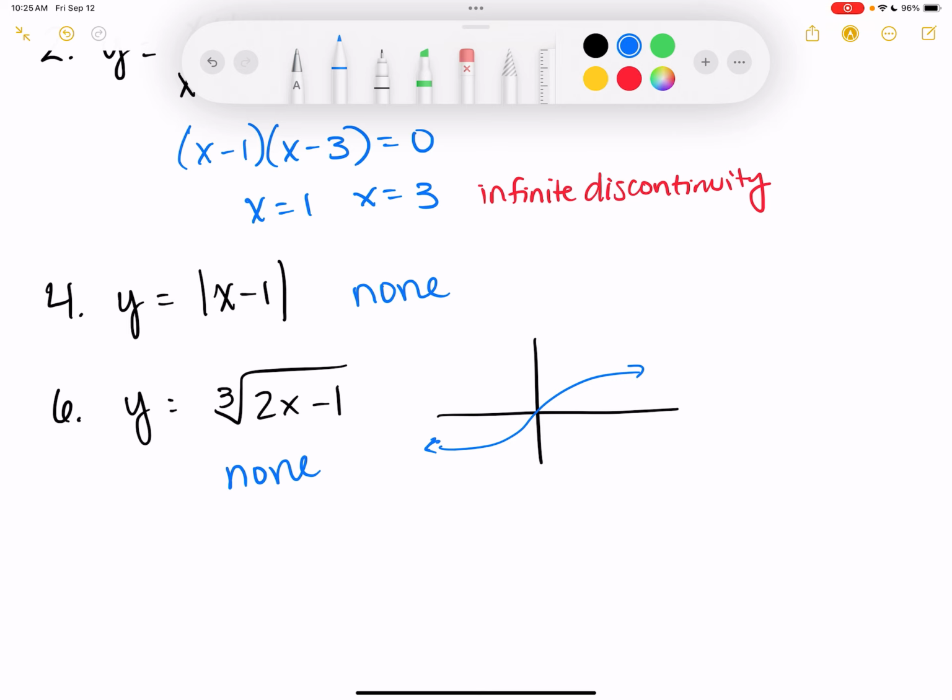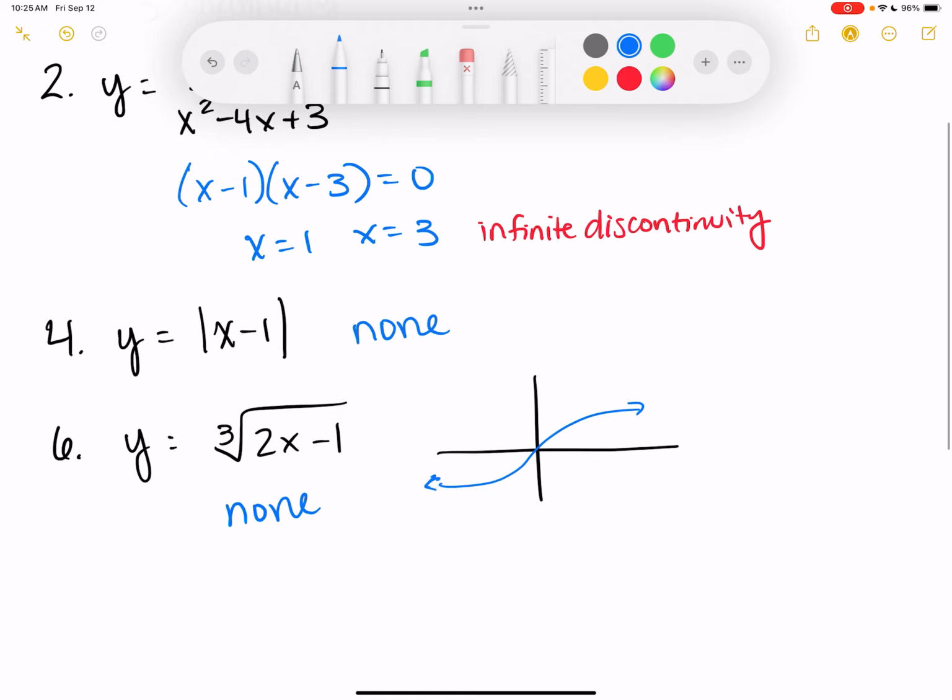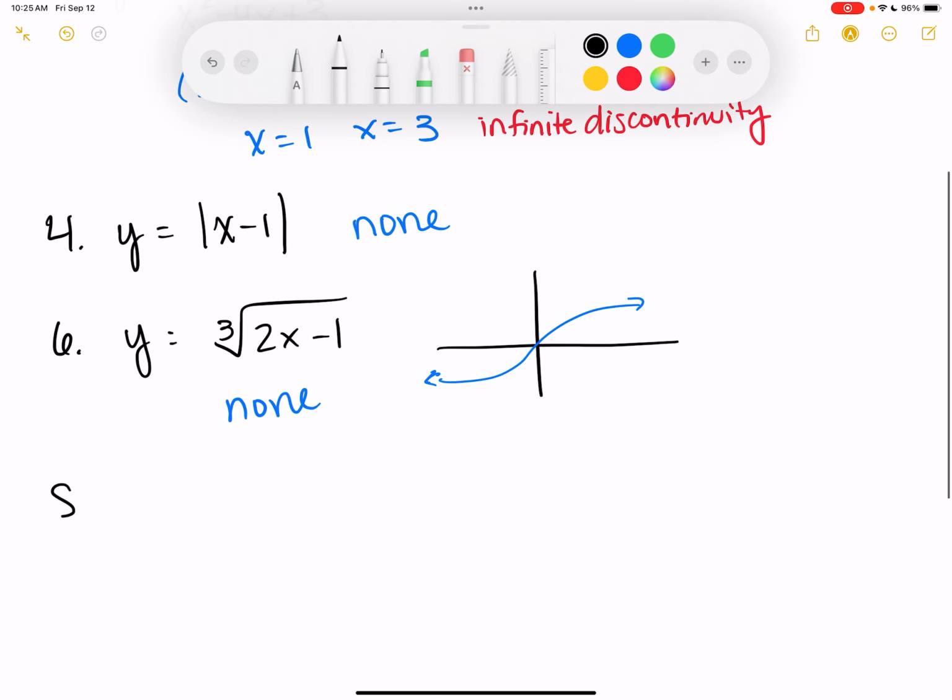If I have y equals the cotangent of x, what do you know about the cotangent graph? It has asymptotes and it keeps between them.